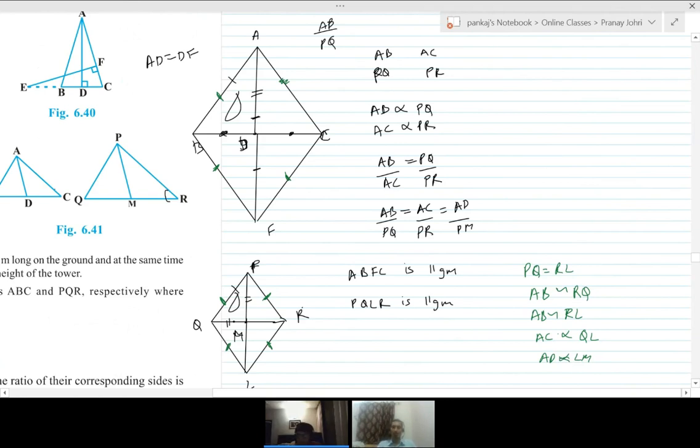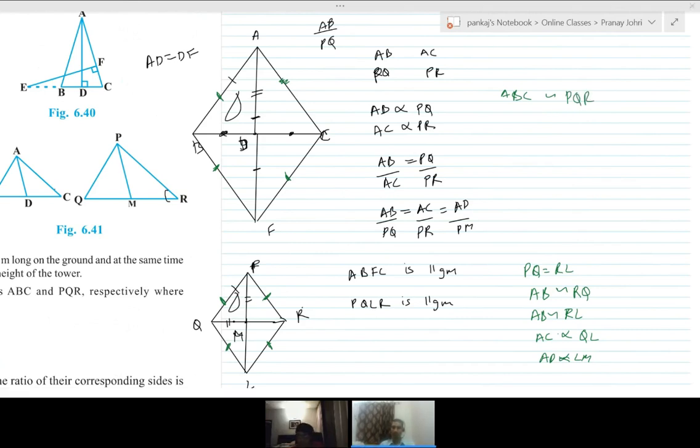So that means that angle P is equal to angle L. But what we are trying to achieve here is to prove that ABC is similar to PQR or QLR. This is what we are going to prove.